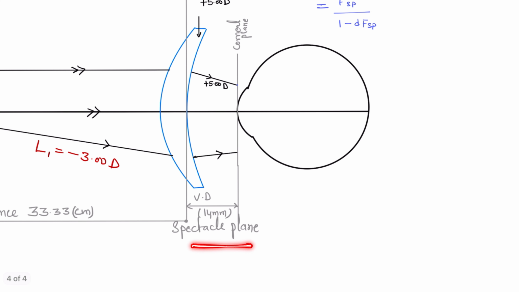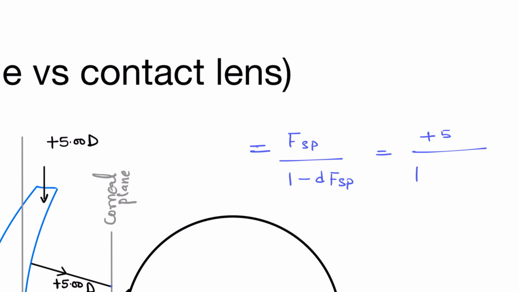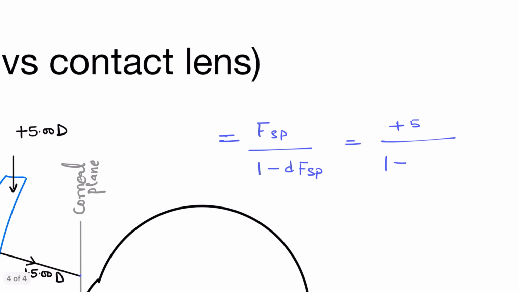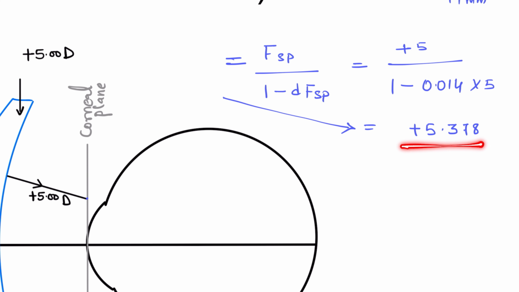Right now we are considering the vertex distance is 14 mm. So the spectacle power is plus 5 and 1 minus D, where D is 14 millimeters, which is 0.014 in meters, multiplied by 5 again. If we solve this, it is going to come to plus 5.37. So this is the power which is calculated at this particular point.